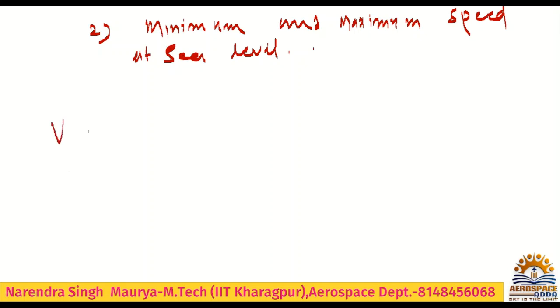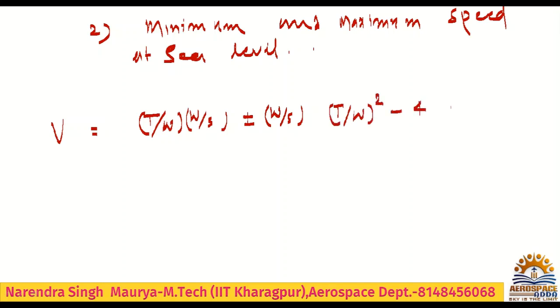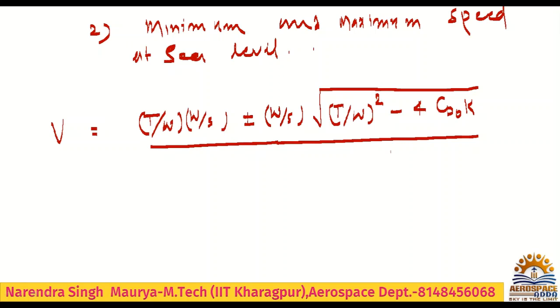So velocity or speed is nothing but T by W into W by S plus minus the square root of (T by W)² minus 4 CD naught K, divided by rho infinity CD naught, to the whole power 1 by 2, because this is V squared.